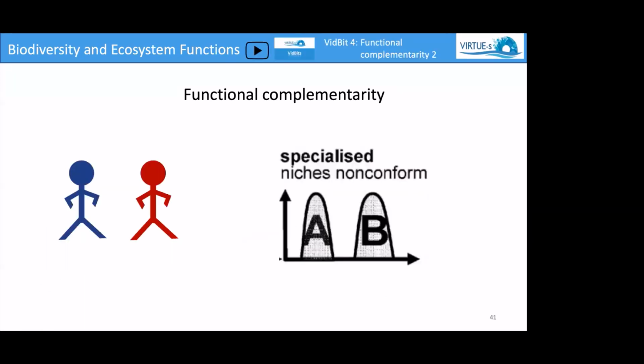Another type of functional complementarity is a specialized non-conform functional complementarity. Species blue produces this product, this part of a puzzle, and species A produces specially just this part of a puzzle.